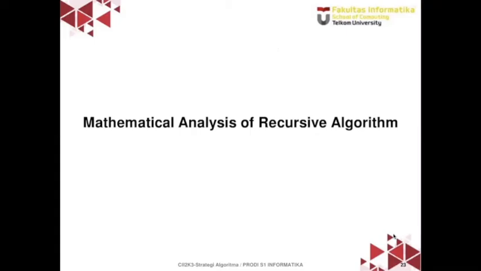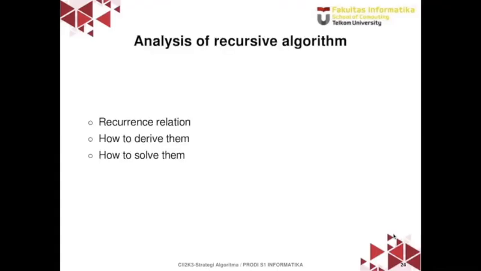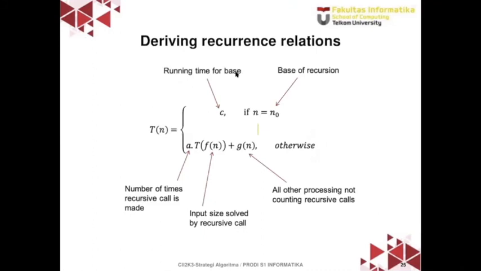For recursive algorithm, it is a bit tricky because we need to see the recurrence relation of the algorithm, and also we need to know how to derive them and how to solve them. So this is the big picture of recurrence relation. A recurrence relation always has a base of recursion.